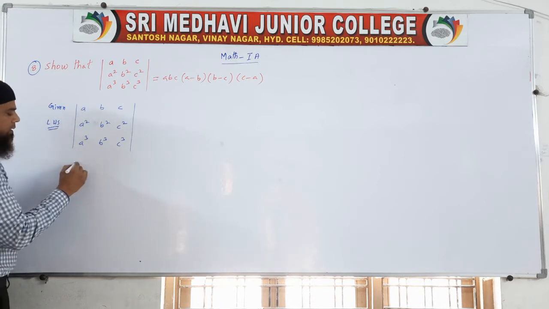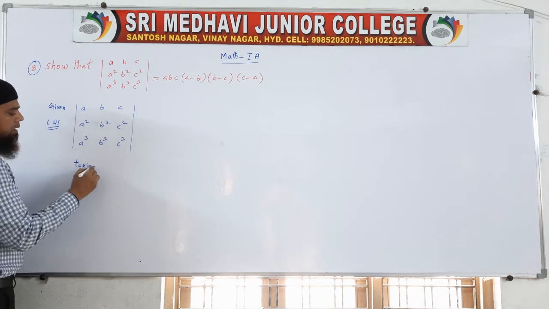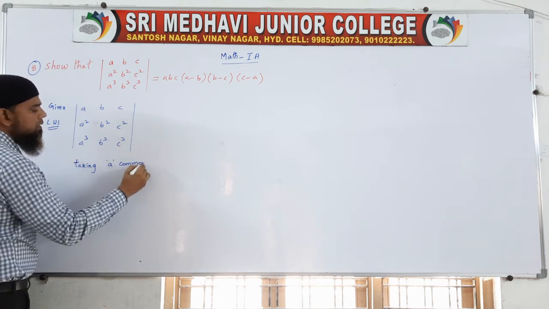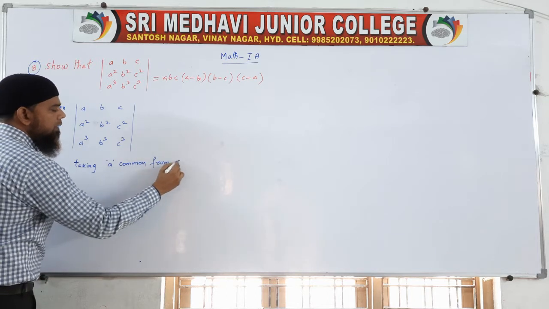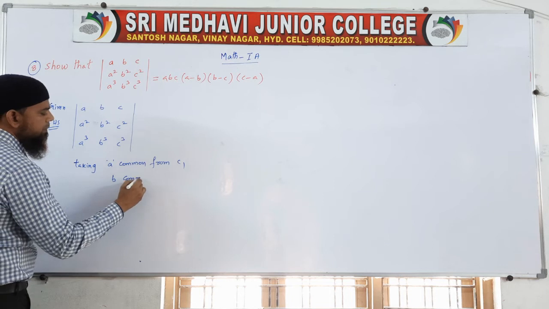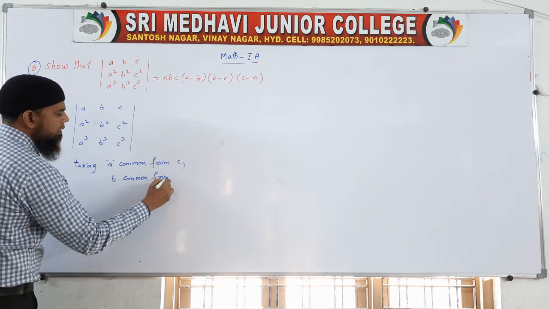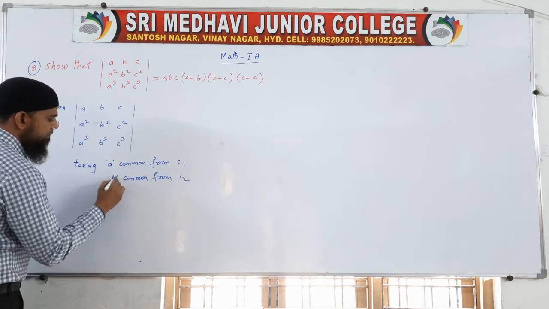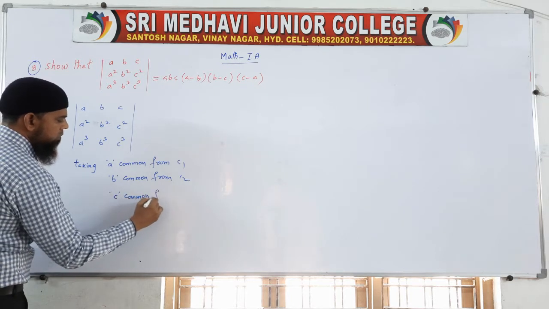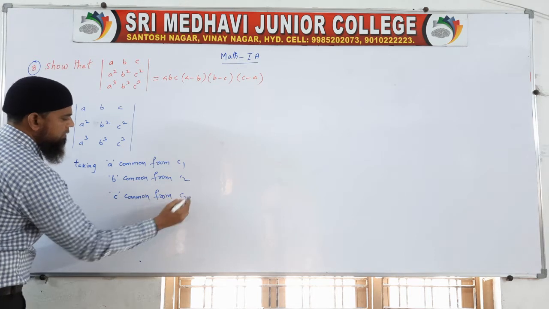So I can write, taking a common from C1, b common from C2, c common from C3.